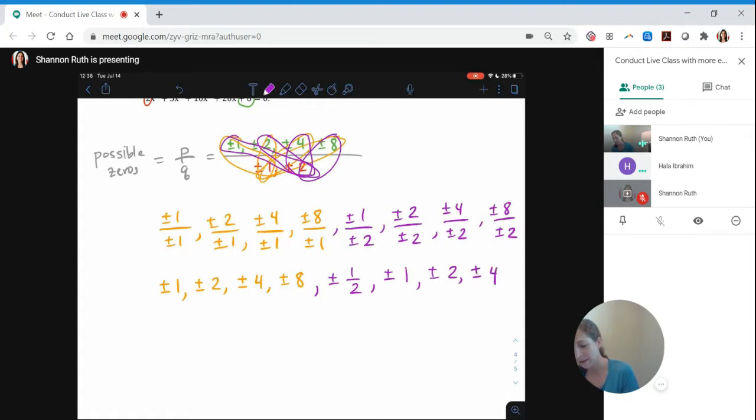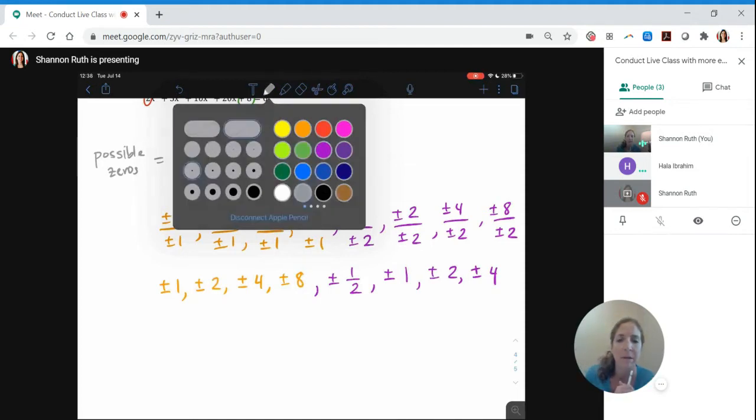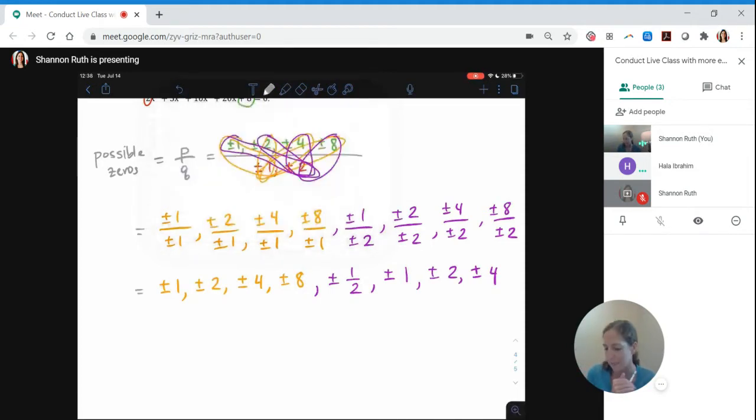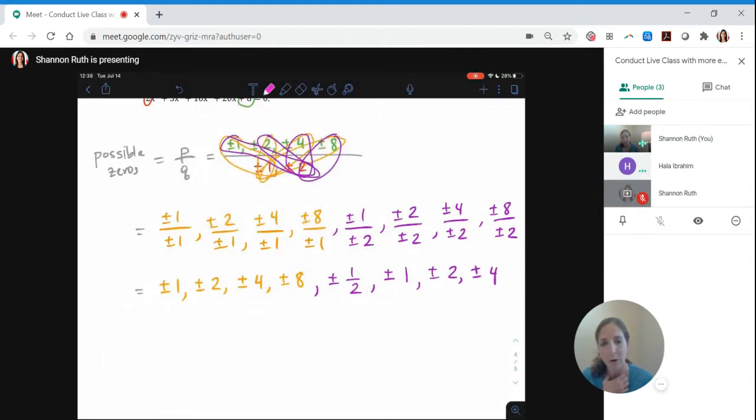And what did you do, Hala, at this point? I know you may have shown your work a little different, maybe not listed out as expansively, but what do you notice in my list of possible zeros? Perfect. So we ended up with some duplicates, so no need to write these duplicates of plus or minus 1, plus or minus 2, plus or minus 4.